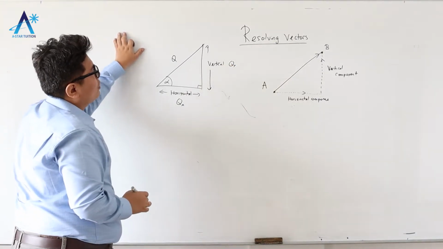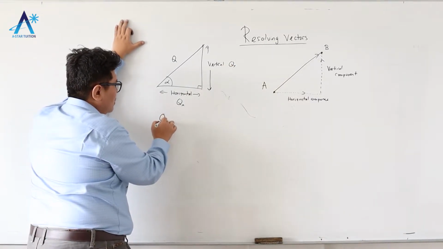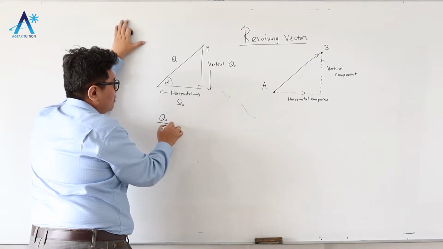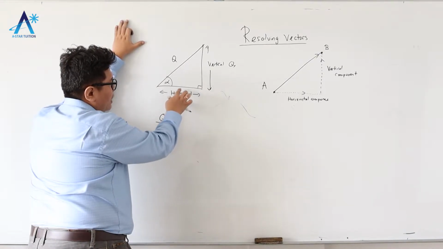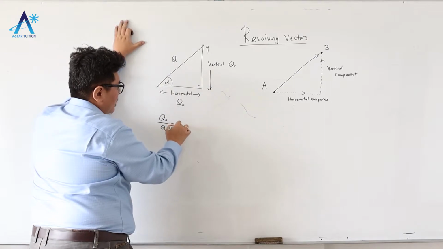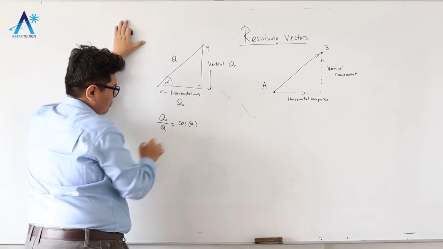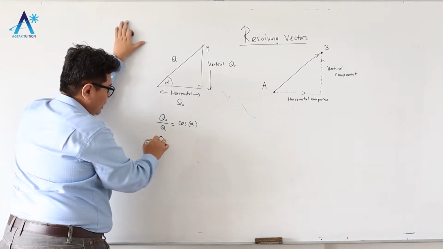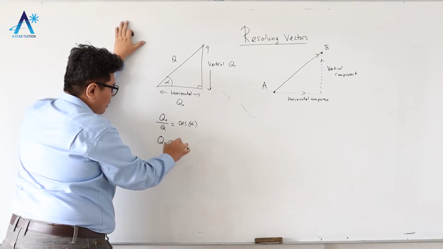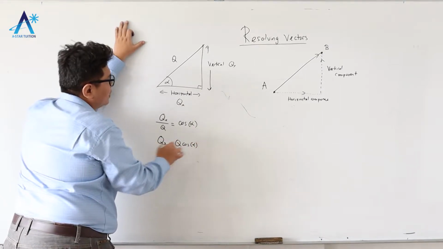Now if you remember SOHCAHTOA, Qx over Q is equal to adjacent over hypotenuse, which is cosine alpha. So from here, Qx would be Q cos alpha.